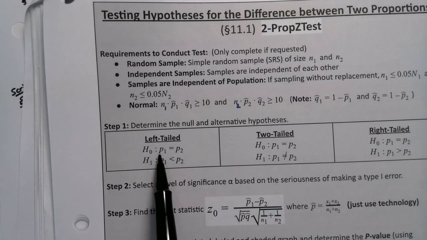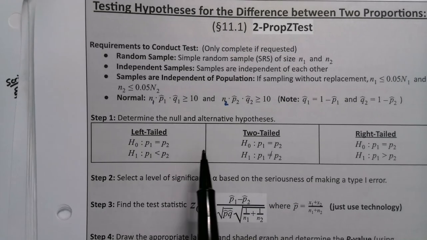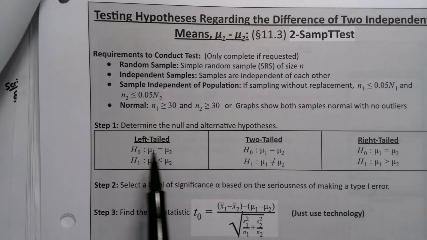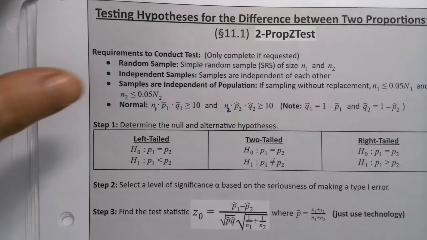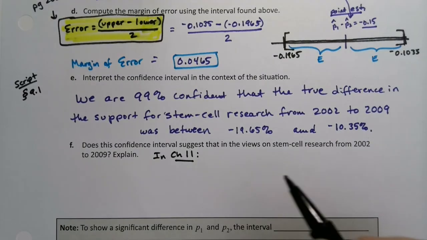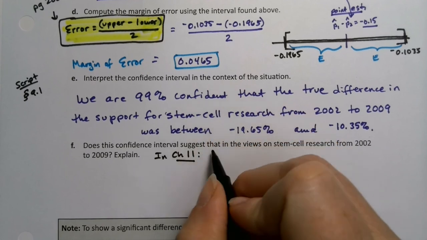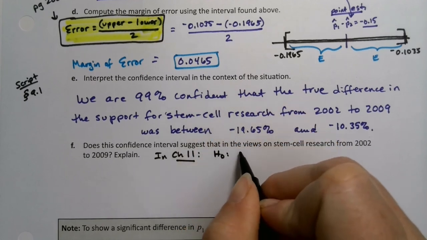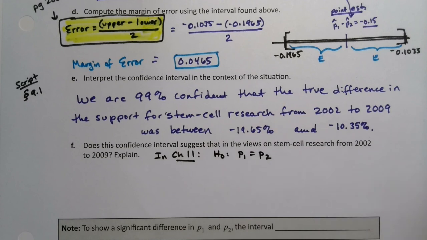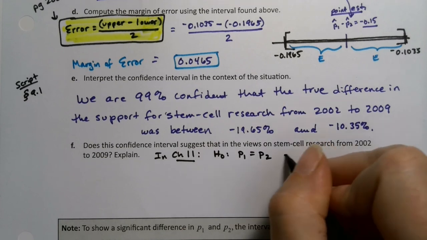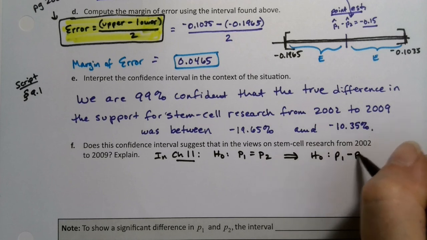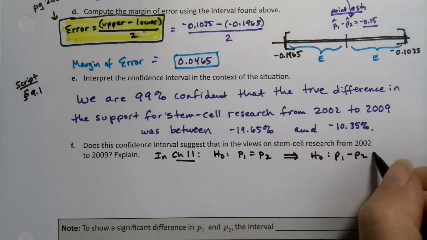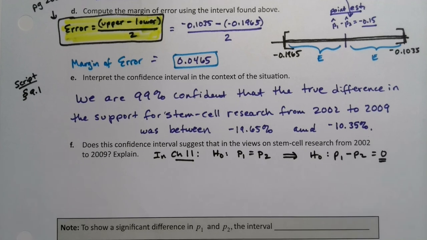Throughout Chapter 11, the null hypothesis is always going to be that group 1 equals group 2, whether we're talking about proportions or means, right? The null hypothesis is always that P1 is equal to P2. And that would mean that group 1 minus group 2, if I subtracted P2 from both sides, would be 0. And that's the key point.